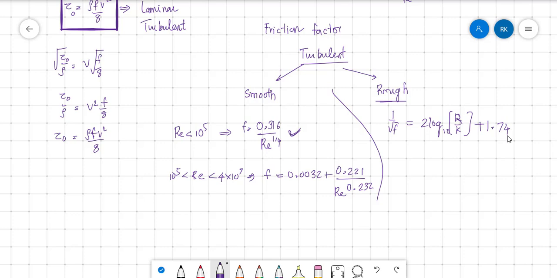That should be used. This one was also introduced by Nikuradse. So this is all about turbulent flow. This much is enough for GATE and ESE. Mostly in ESE these questions will be asked. In GATE normally turbulent flow questions may not come. So this is enough for us.